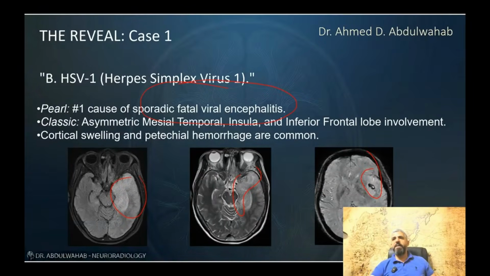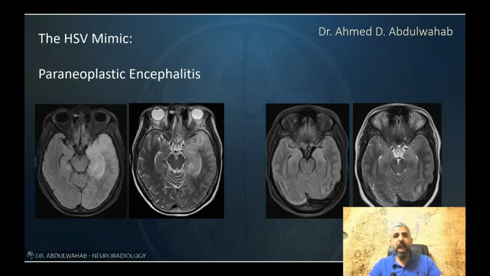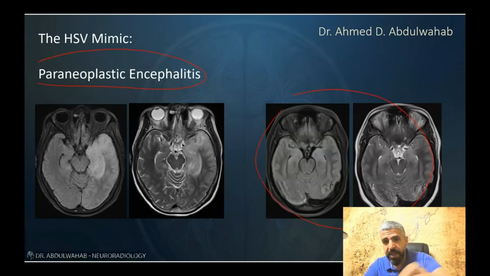One of the very confusing things that can mimic herpes simplex virus encephalitis is paraneoplastic or autoimmune encephalitis. It can also hit the temporal lobe. You see the temporal lobe here is swollen, but here is the difference: it's often perfectly symmetric and bilateral.